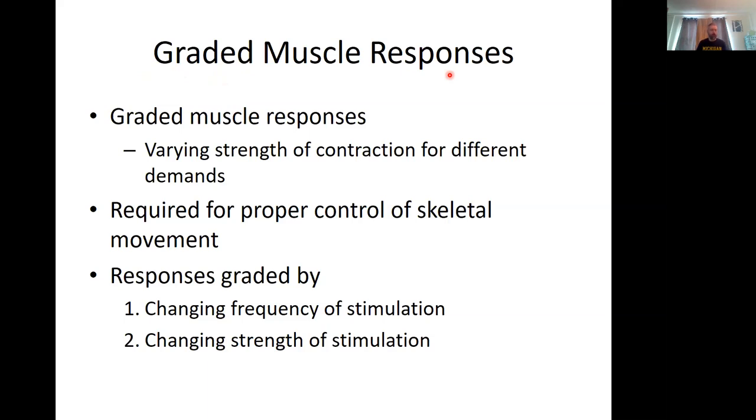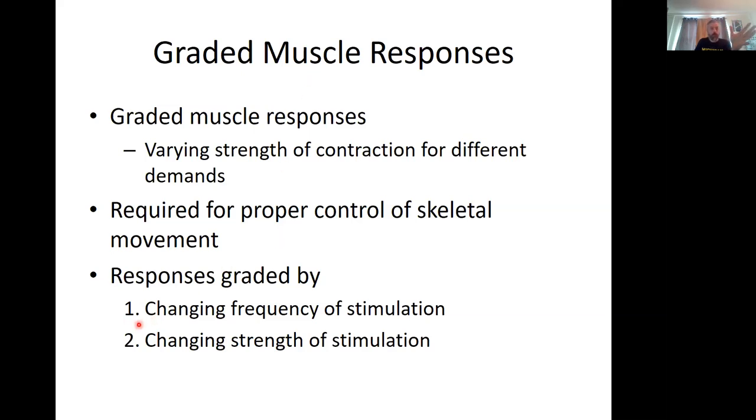You can have a strong contraction or a weak contraction depending on what the needs are, right? You wouldn't use the same amount of force to hold a kitten as you would to hold a brick, right? I certainly hope you would not. And so the way that we're going to make this happen is through two basic ideas.